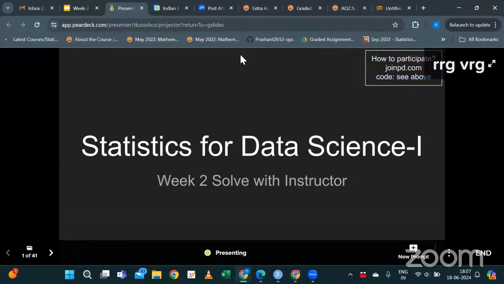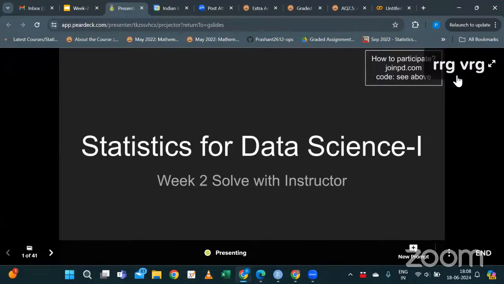I am not able to load that website. It's not connected. Just open your browser and write joinpd.com. Have you written this? After that, you have to enter a code, and you can see the code on the top right corner of the screen.